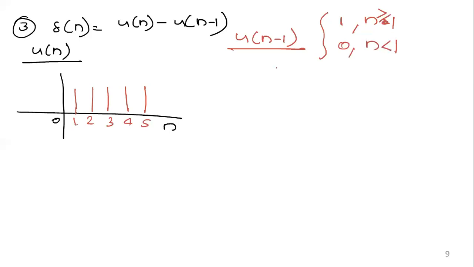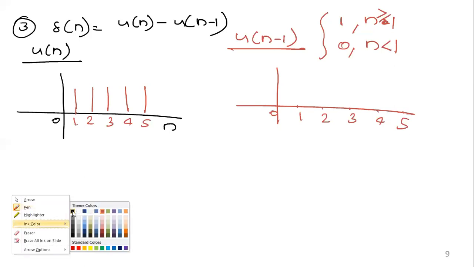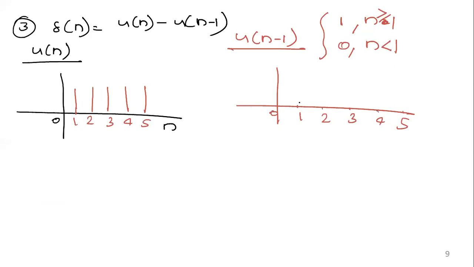So how will you represent u of n minus 1? On the axis 0, 1, 2, 3, 4, 5, it will be defined from 1 onwards, 1, 2, 3, 4, 5, 6, one more point will come. So this is u of n minus 1. We have shifted it by 1.